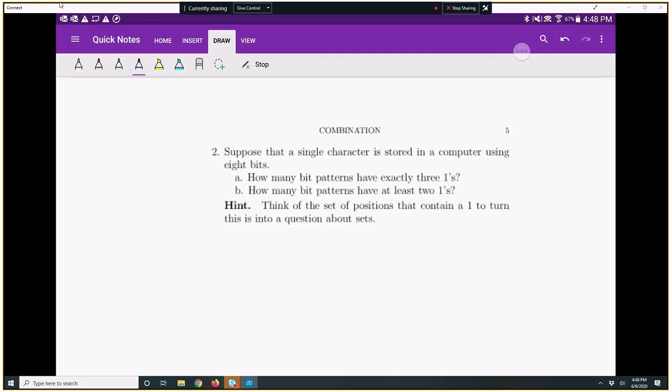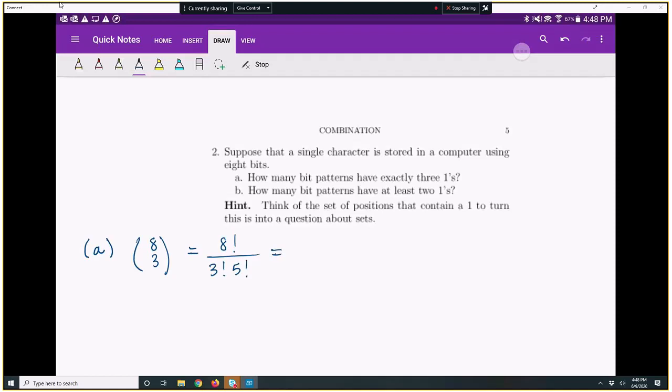So this will be equivalent to, and the hint here says, think of a set of positions that contain a 1 to turn this into a question about sets. So this will be 8 choose 3. 8 choose 3 is the number of bit patterns that have exactly 3 ones. And this will be 8 factorial divided by 3 factorial times 5 factorial.